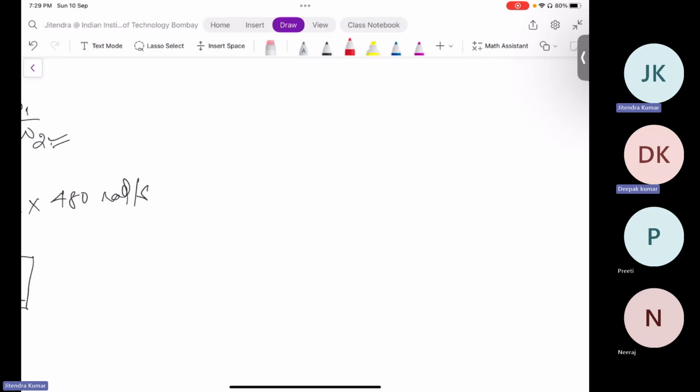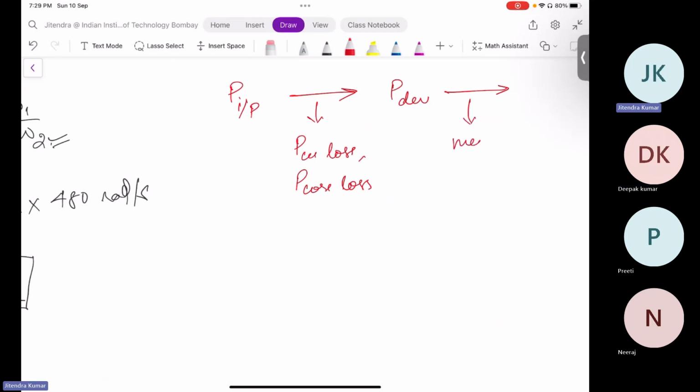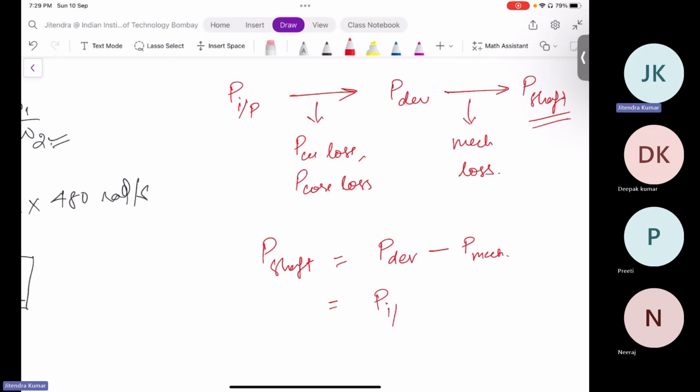Whatever you give to the input, there will be some power developed with some copper losses and core losses, and this developed torque will have certain mechanical loss, and then you get your shaft power. So P shaft is equal to P developed minus mechanical loss, or you can write P input minus all the losses.